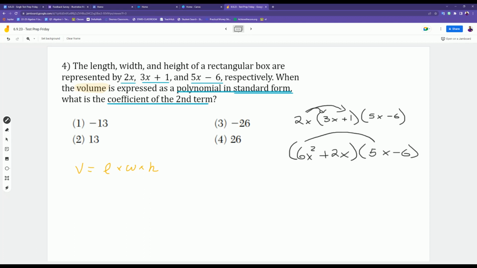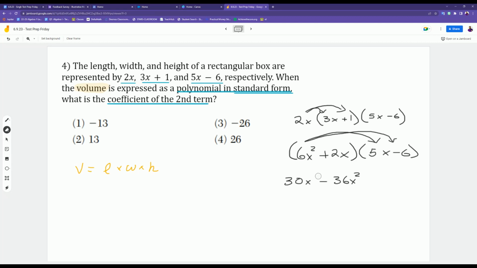We have 6x squared times 5x. We're going to continue our double distribution to 6x squared times negative 6, my bad, and that becomes negative 36x squared. Oh, I had a typo, and no one told me.